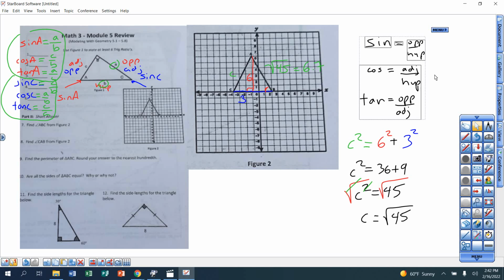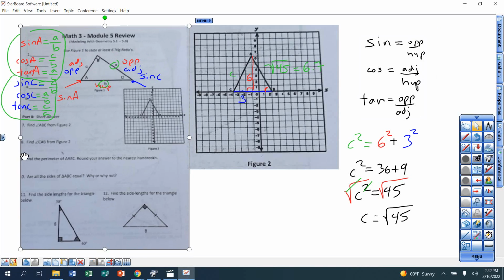But then I bet eventually he had to do the Pythagorean Theorem to find the perimeter, because I'm kind of jumping ahead. What I did here was find the length of the sides to start to find the perimeter. And then the next question says, are the sides equal? And they're not, because this is 6.7, 6.7, and the bottom is 6, so they're not all equal.